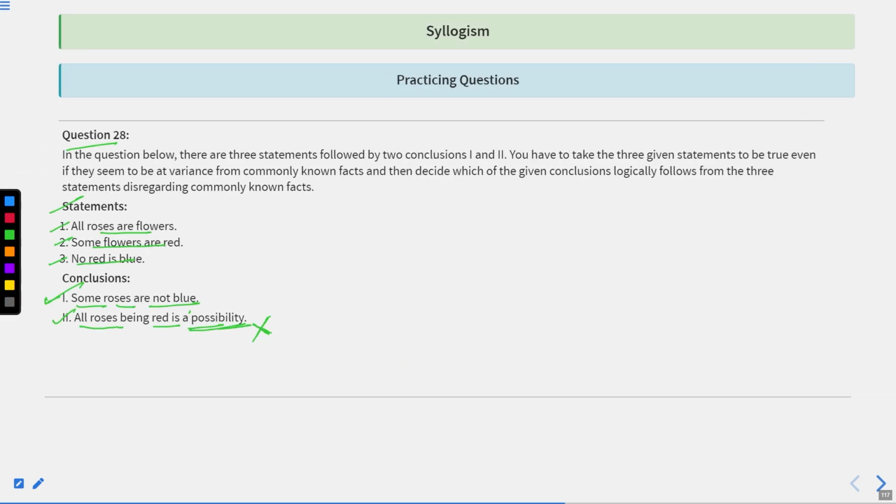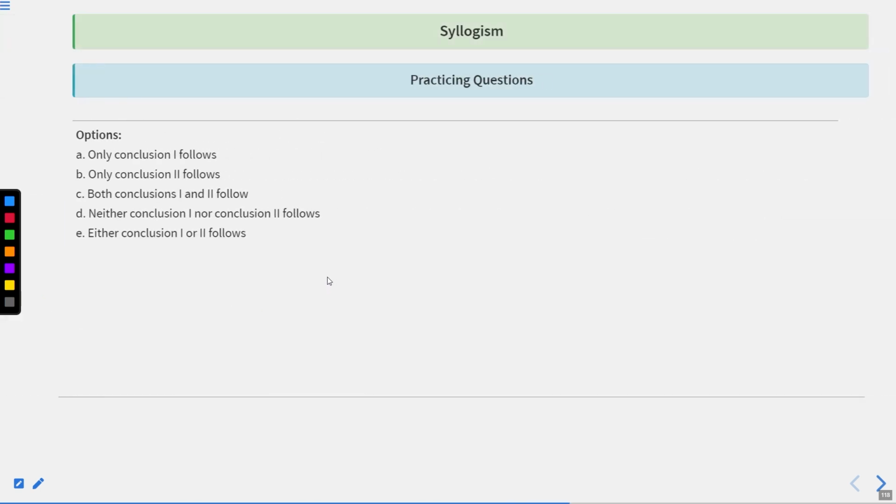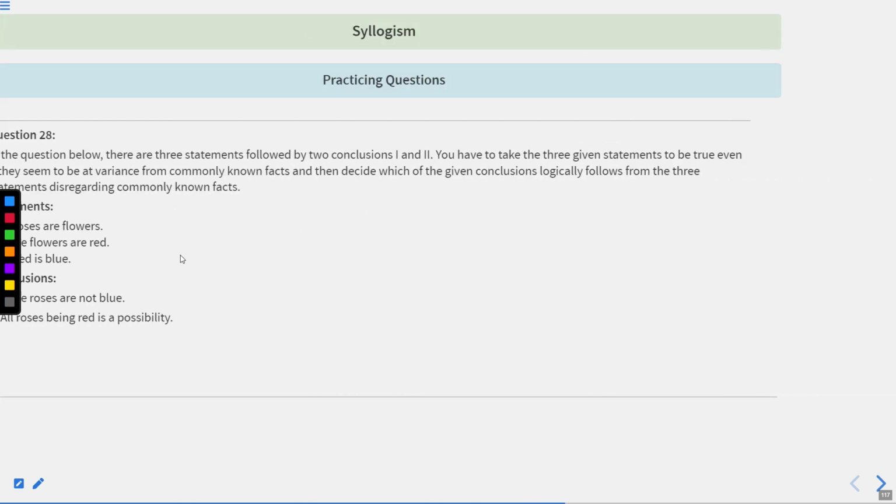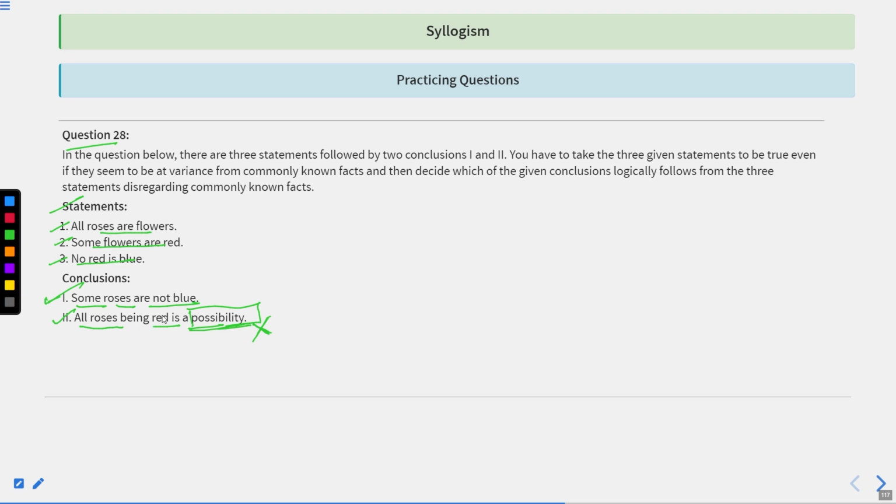Some students might see answer C in the question paper, because there are areas where the examiner has taken into consideration that since all roses are flowers, all roses being red also is a possibility.